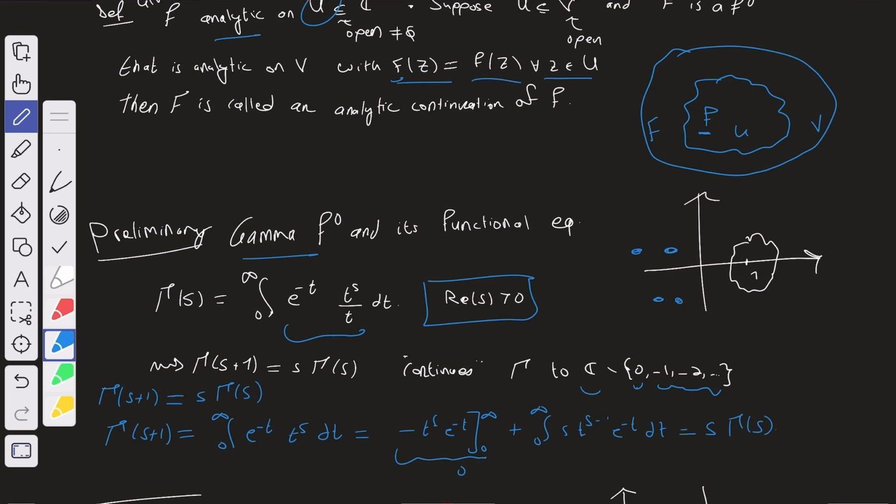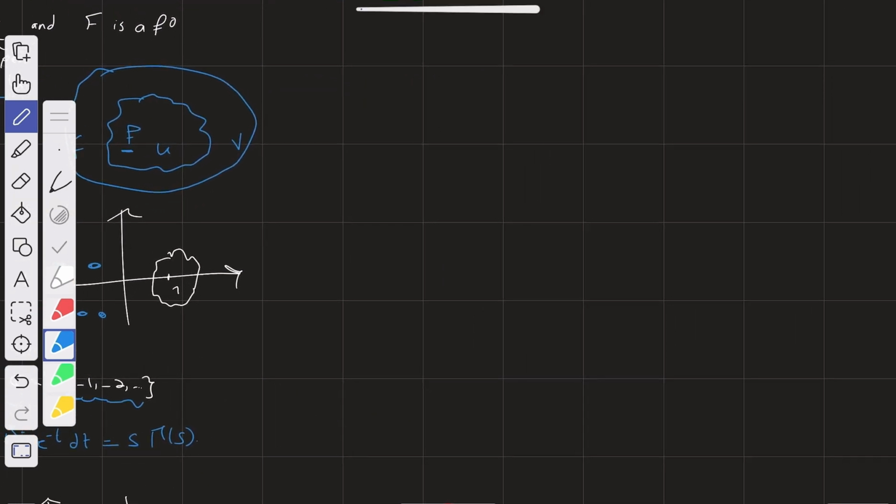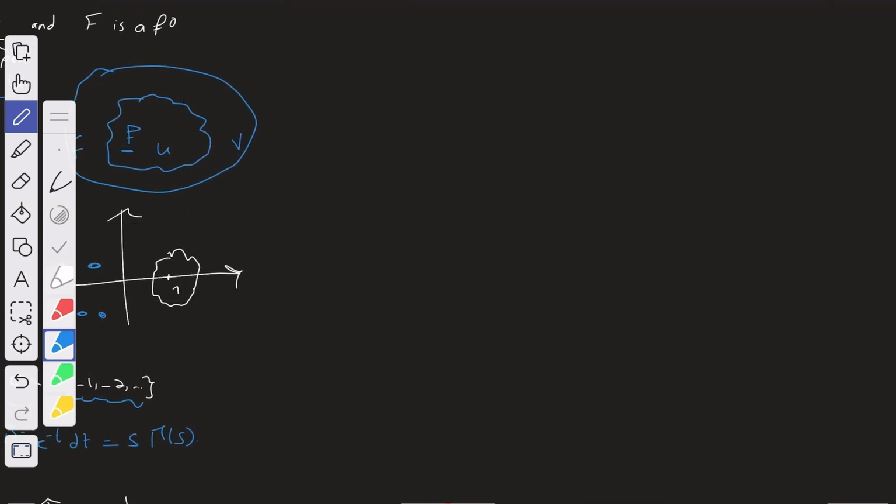So via this functional equation, one can continue gamma to the whole complex plane except at 0 and the negative integers. Let me just show you this real quick. The gamma function is defined for the real part of s strictly bigger than 0, so it is defined on the right half plane.